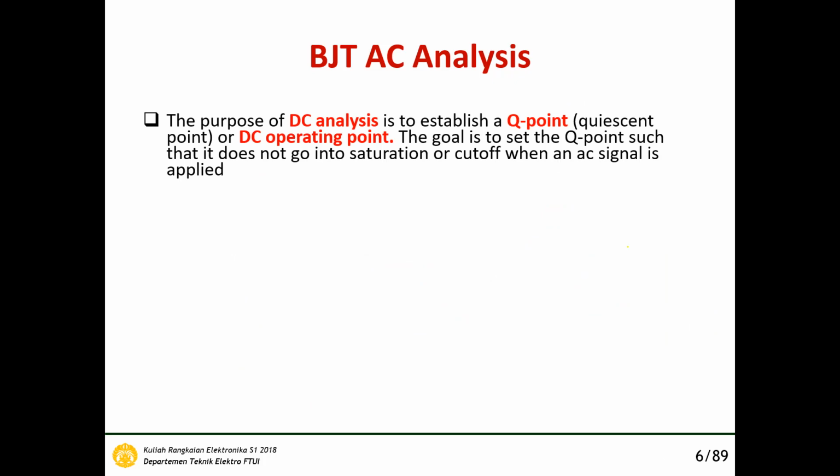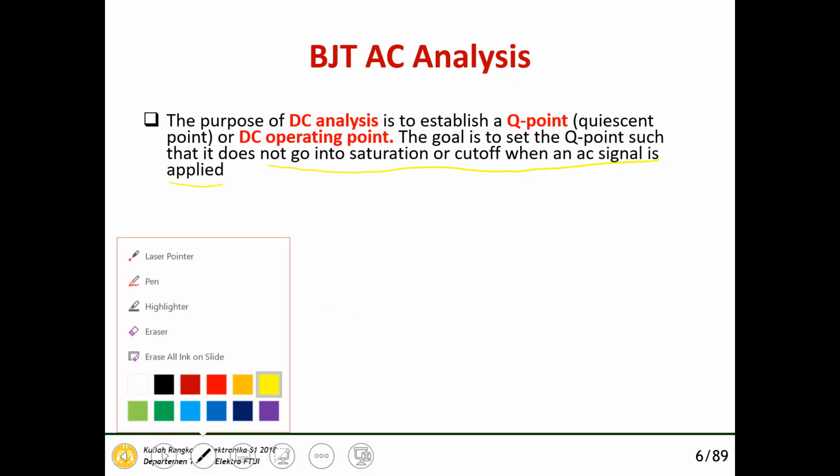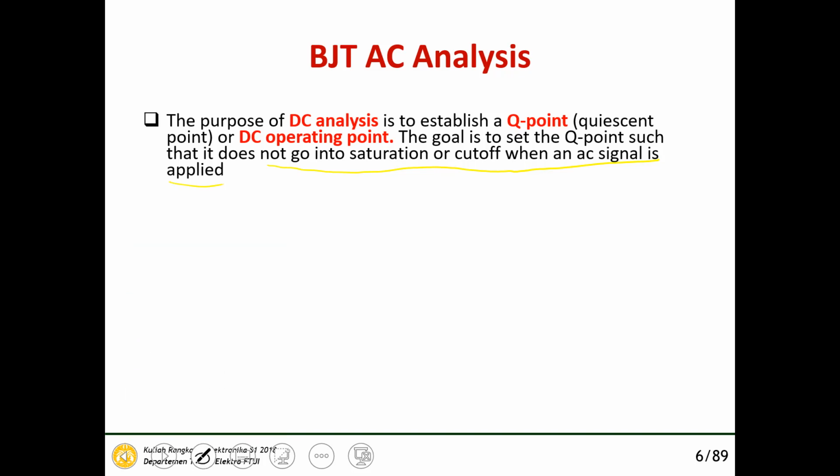So the magnitude is also larger after we amplify in the BJT. As I mentioned before, the purpose of DC analysis is to establish a Q-point, or quiescent point, of our DC operating point. The goal is to set the Q-point such that it does not go into saturation or cutoff when an AC signal is applied. Because if we want to amplify a signal, we have to put the BJT in the linear region, not in saturation or cutoff.